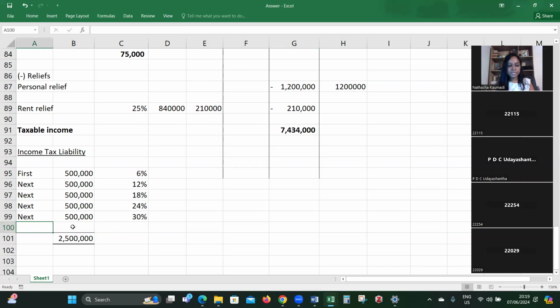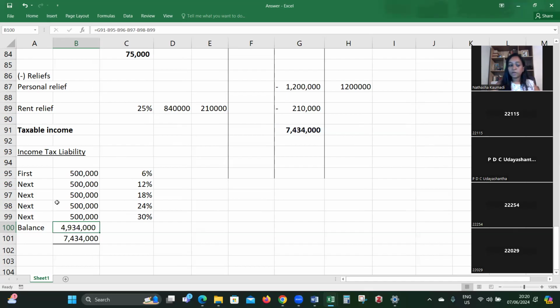So the last slab is the balance, and the balance is 4,934,000.